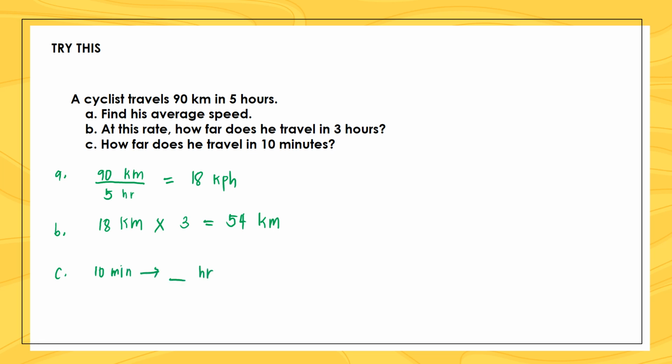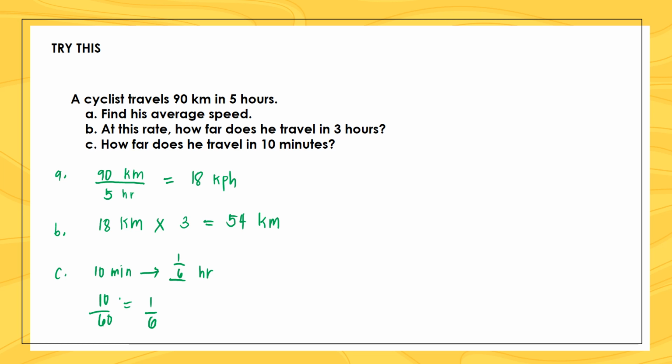To do this, we could use dimensional analysis, or the other way, we could just simply divide 10 by 60. So 10 divided by 60 will be 1 over 6, right? And so that's the shortcut. But again, you may go back to the traditional way of converting.